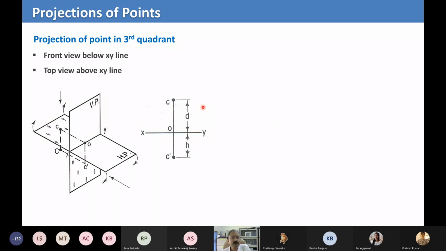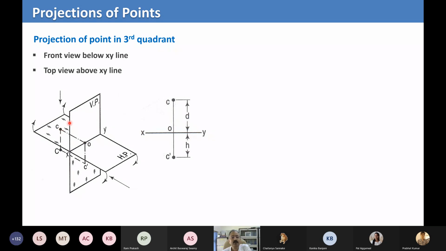Now let us look at the third quadrant. Let's call the point C for a change. Its projection on the horizontal plane is small c, and the projection on the vertical plane is C dash. No problem. And when you turn the horizontal plane, what is happening? The projection on the horizontal plane was small c, right?